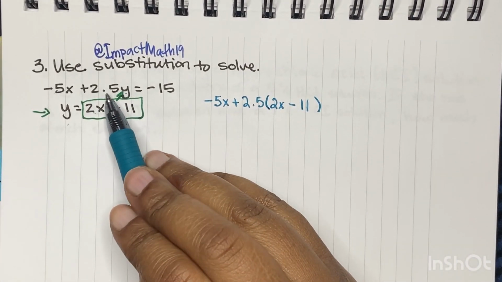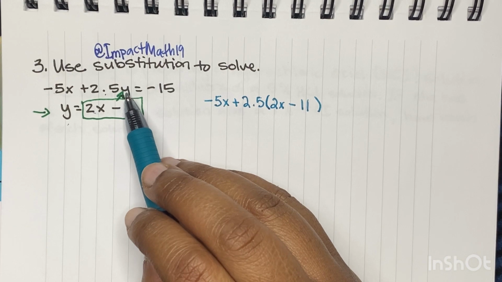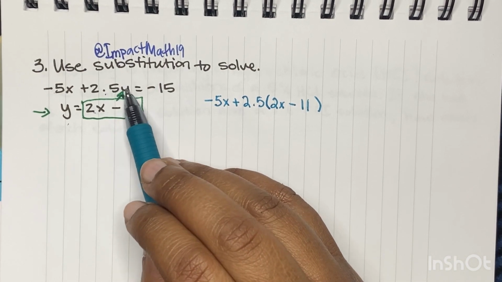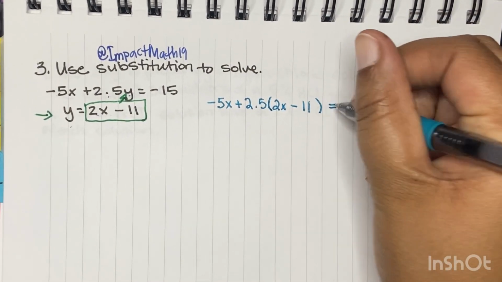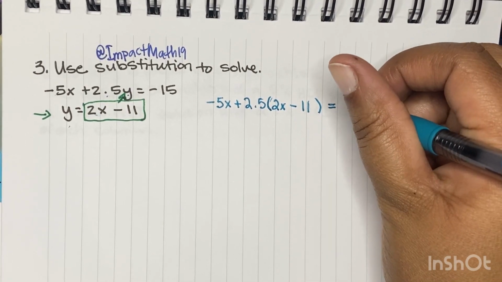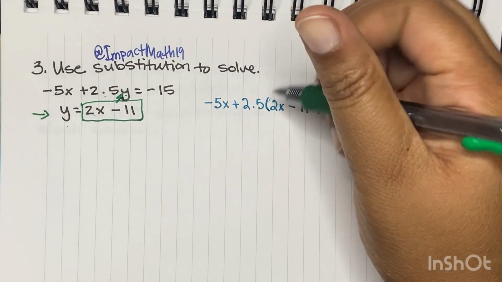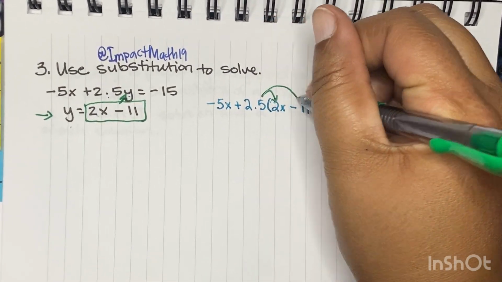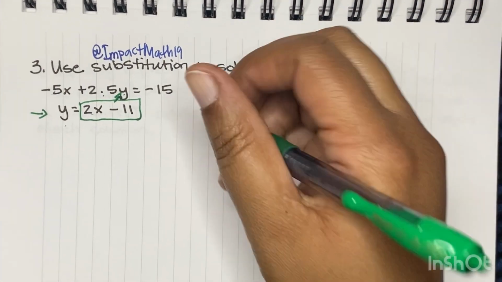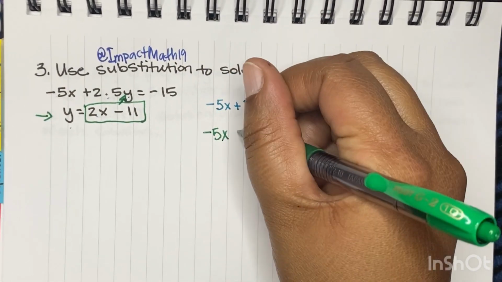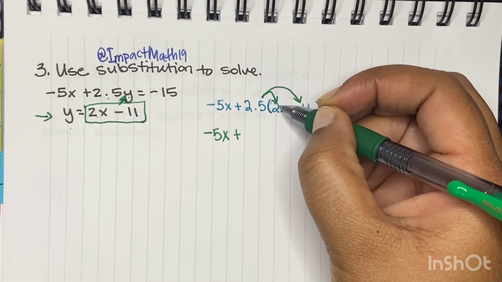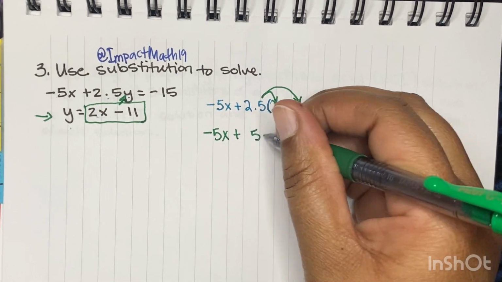Also remember, whenever you have a number attached to a letter, they're multiplied together. Okay, that's why we have to put those parentheses. Minus 15. All right, then we can start with distributing here. So we have negative 5x plus 2.5 doubled is 5x.